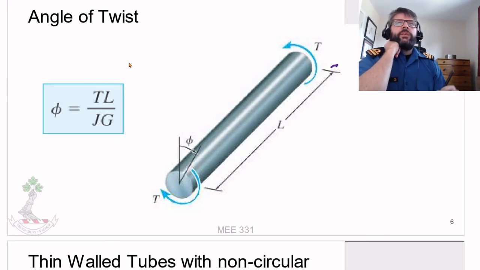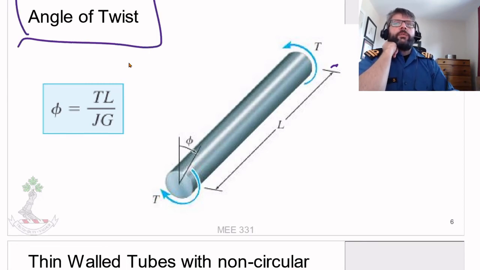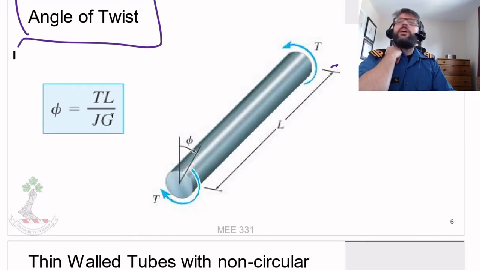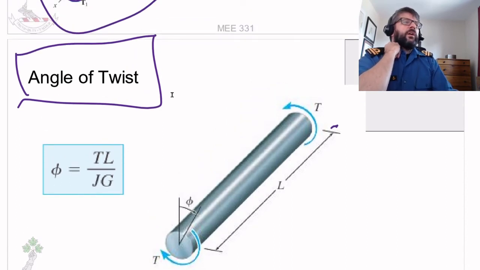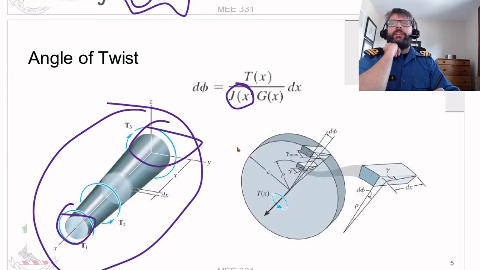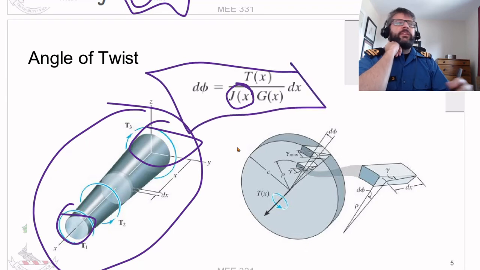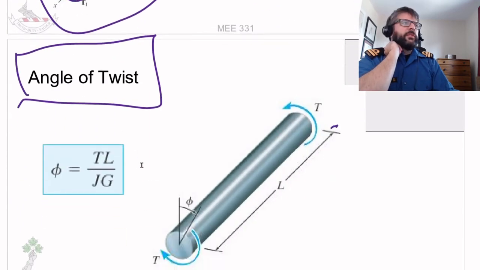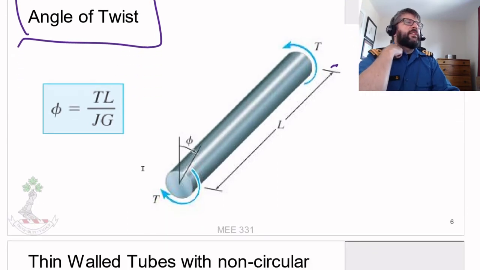So this is what will be used for your compatibility conditions for basically any of your torque indeterminate problems. Sorry, the bulk of them. And then, of course, some of them you might need to use the integral. So those are for circular solid shafts operating in the elastic region.